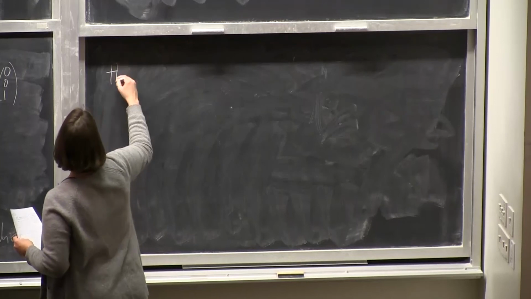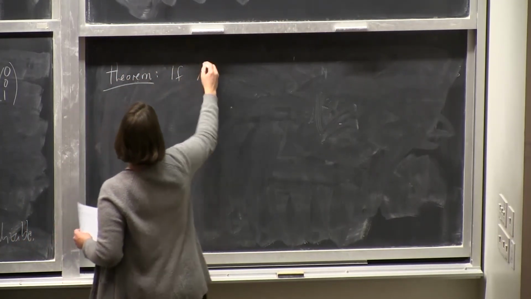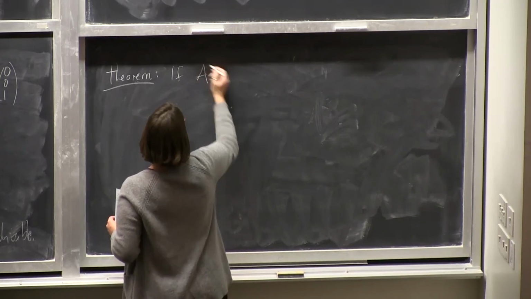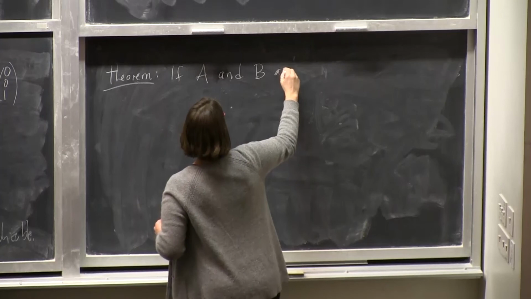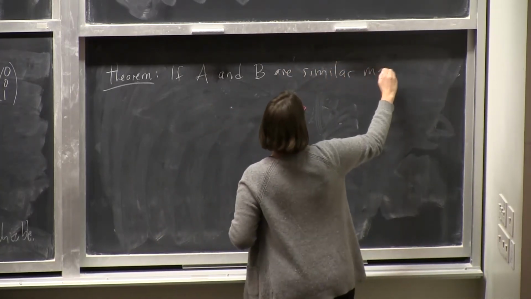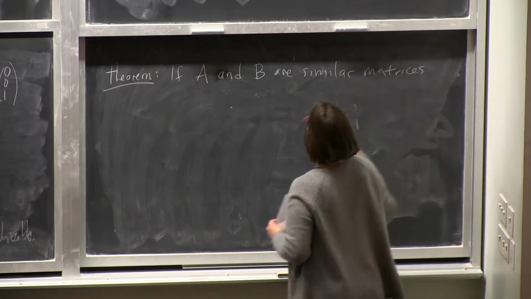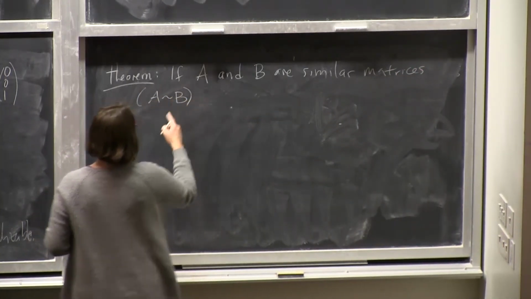So theorem, if A and B are similar matrices, which we write as A tilde B. Don't worry if you can't remember that.